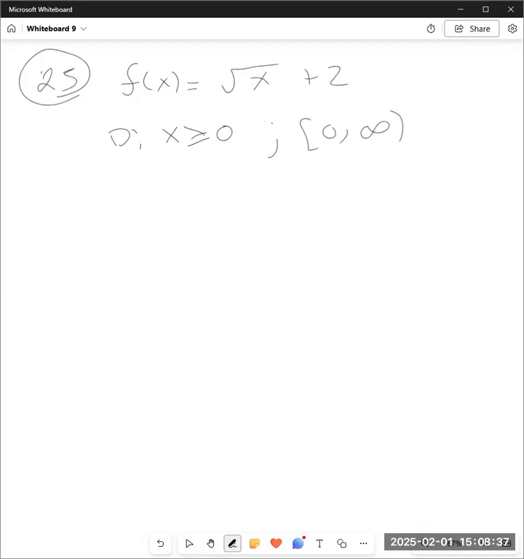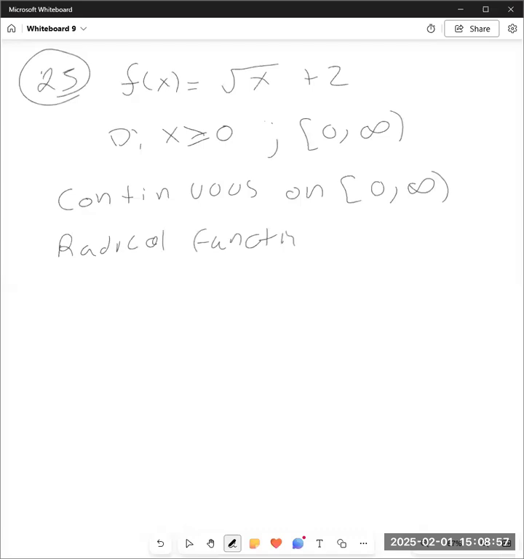And so this is going to be continuous on its entire domain, 0 to infinity, and radical functions are continuous on their entire domain.